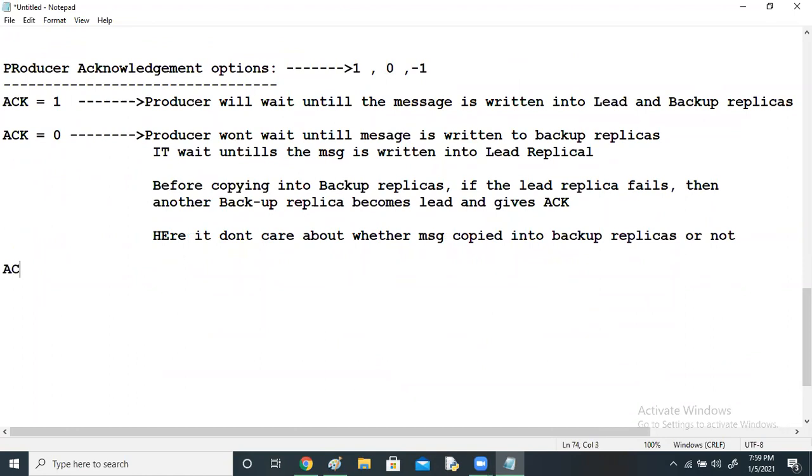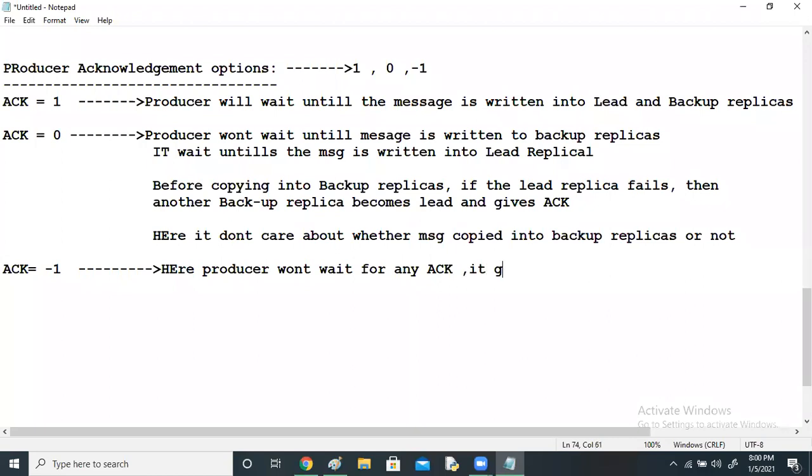Then acknowledgement equal to -1 means what? Here the producer won't wait for any acknowledgement.